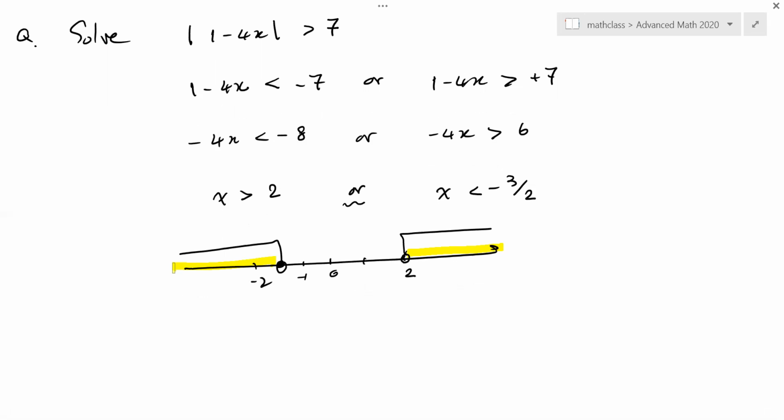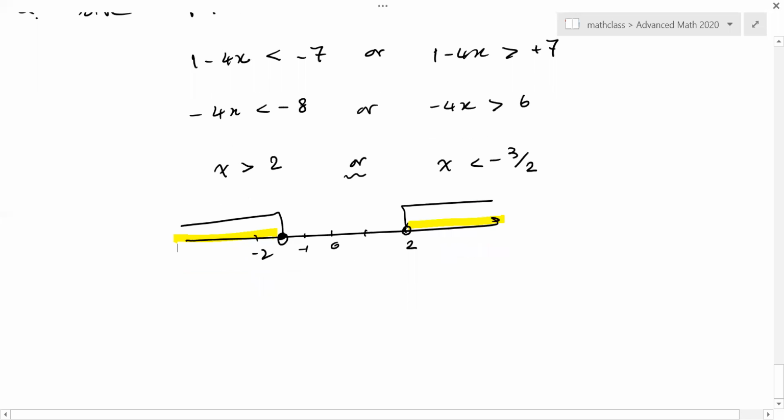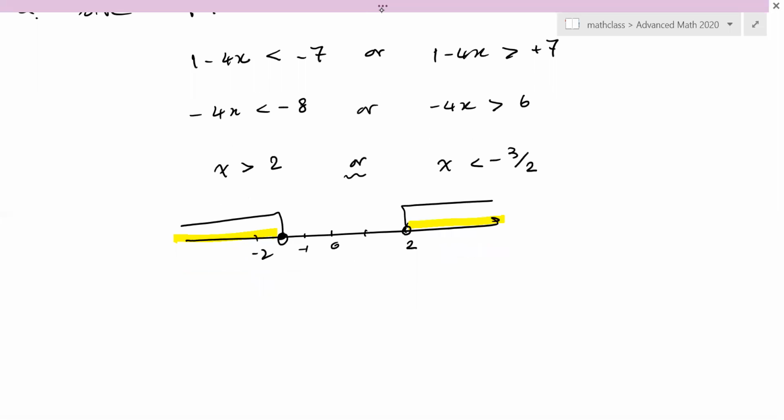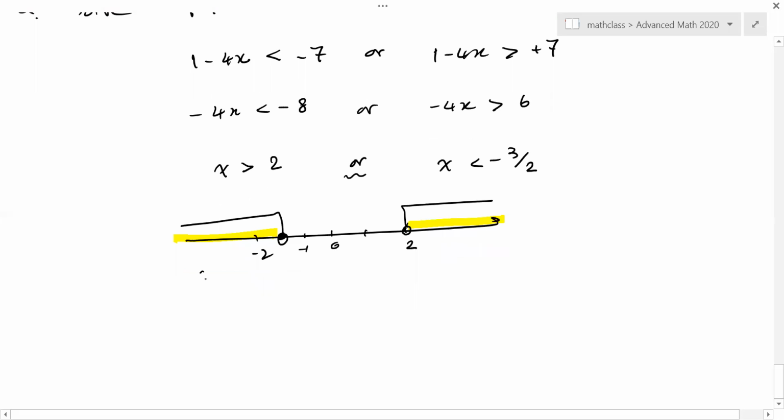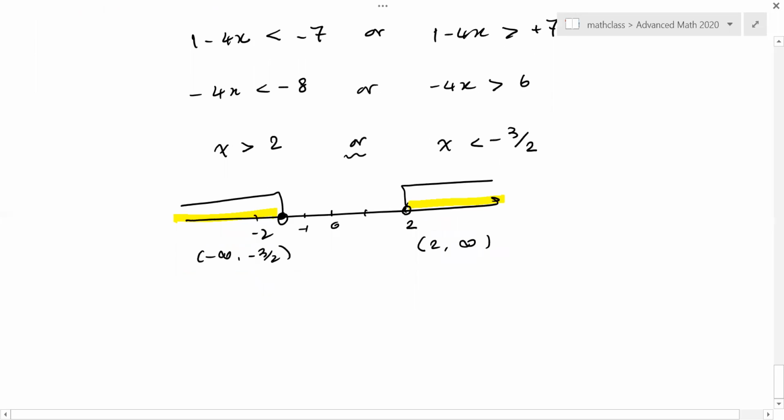Interval notation will be different. For the interval on the left, it will be negative infinity, negative 3 over 2. The interval here will be 2 and positive infinity. How to combine them? For intervals, you can combine them using the following notation called the union.